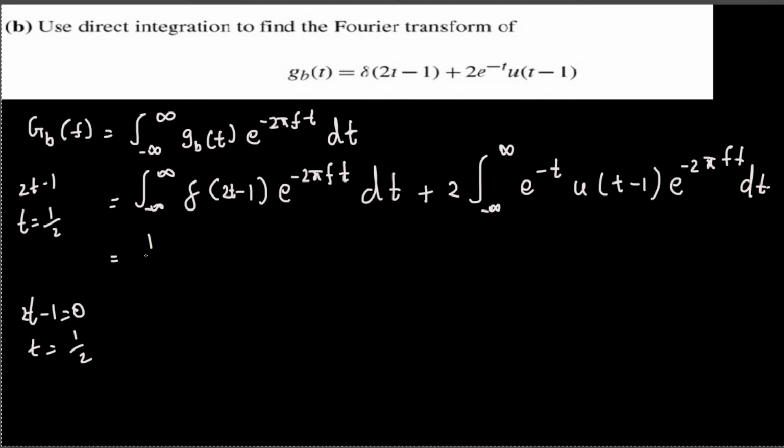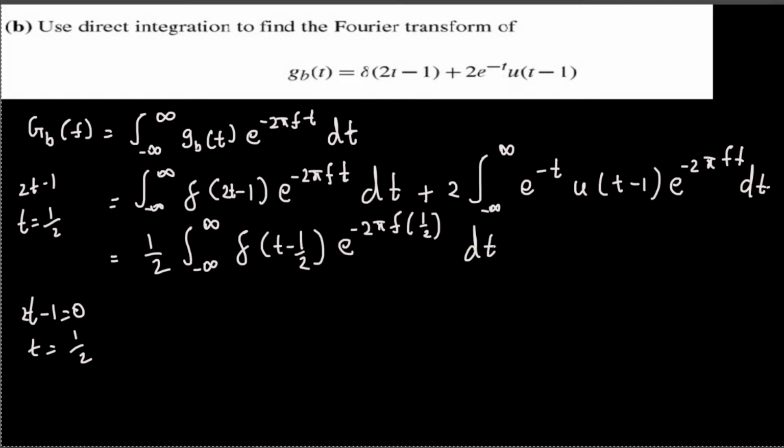So this is going to be 1 over 2 times the integration from negative infinity to infinity of delta of t minus half. Okay, that's the property we have to use right here. And since this is only going to happen at time half, we can replace this time with 2πf times half. Once we do that, this becomes a constant because we don't have t anymore, so we can move that to the front.